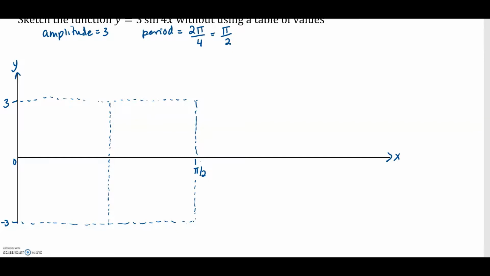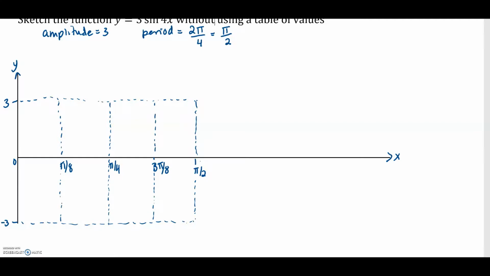So since we have pi over 2 for one period, this will be pi over 4, and we can further divide it into the 4 sections where we have pi over 8, and then 3 pi over 8.